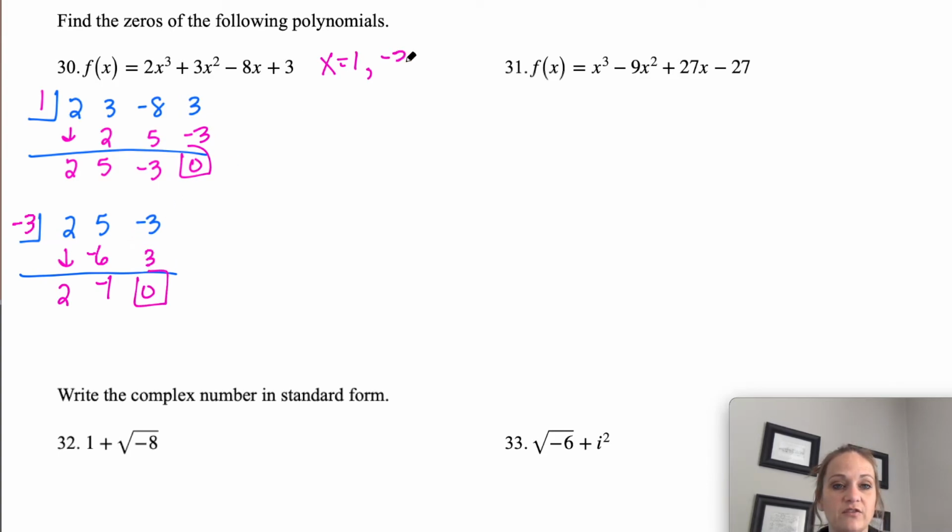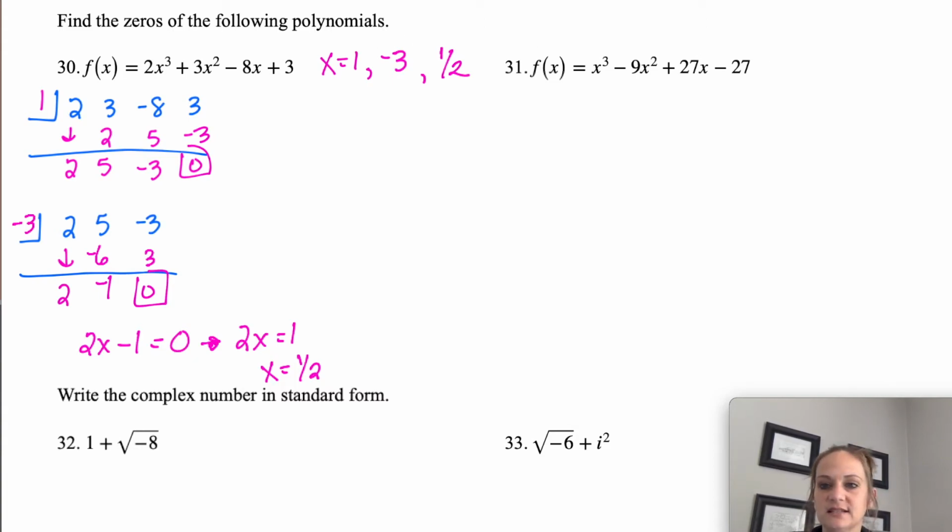So we know that negative 3 is now a 0. I'm going to take what is left, which is just 2x minus 1, set it equal to 0. So I'm going to add 1 and then divide by 2, and I will get 1/2. So 1/2 is my final 0.